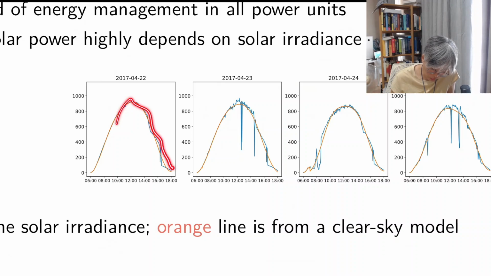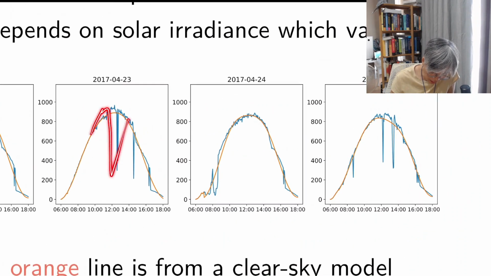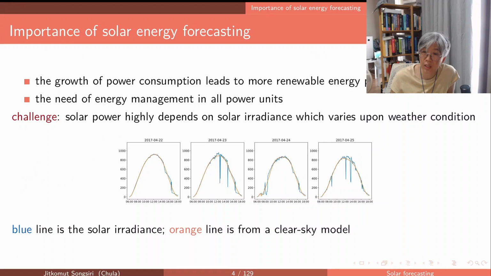So you can see some variation, on some days there is high fluctuation during the day. Okay, so this becomes a challenge on how to predict the amount of solar irradiance, which further infers the amount of solar power you could harvest from the solar farm.